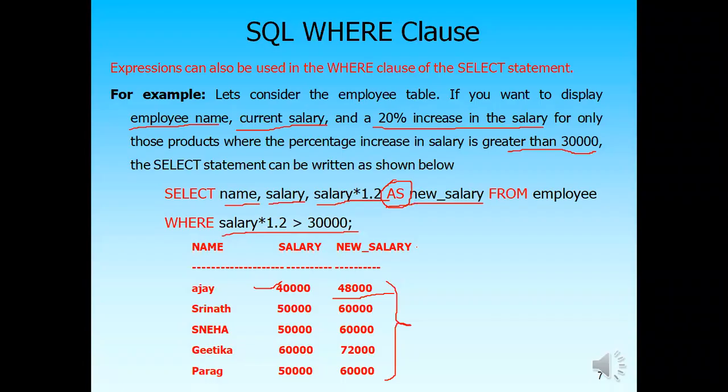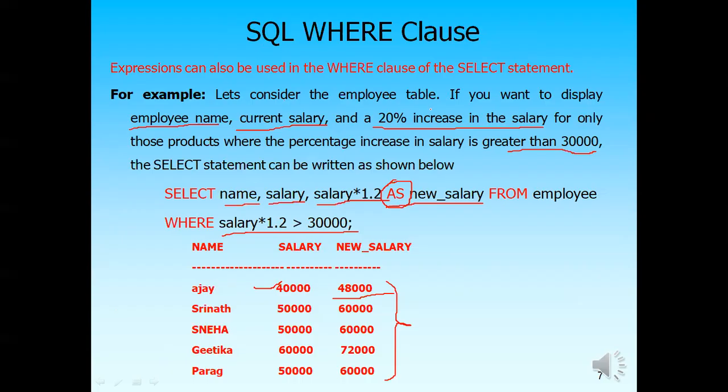Continuing with the where clause, expressions can also be used in the where clause of the select statement. As you know, the where clause is a very important clause in the select statement, because from an application point of view we need to retrieve a variety of data. Here is another example that we can see in detail.